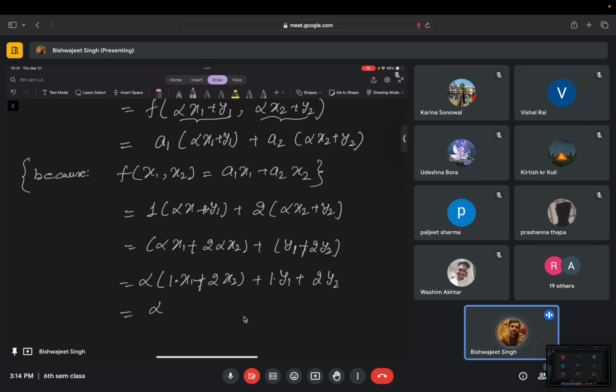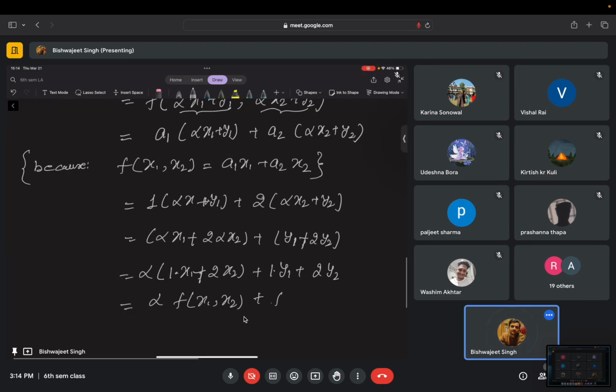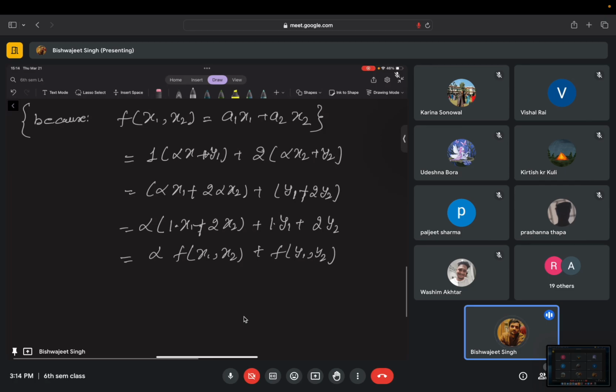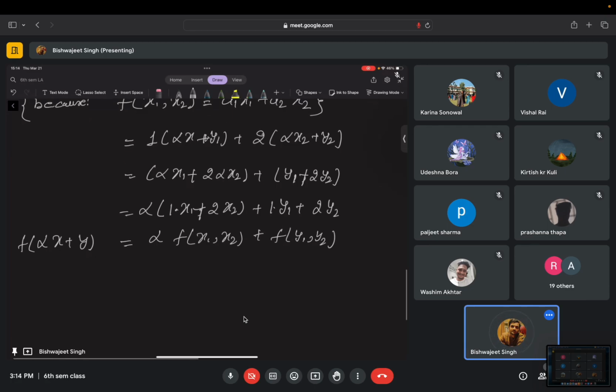So I can write this as f of x1 comma x2, and this is f of y1 comma y2. So what we got is f of alpha x plus y is equal to alpha times f of x plus f of y. This is what we have to actually prove.